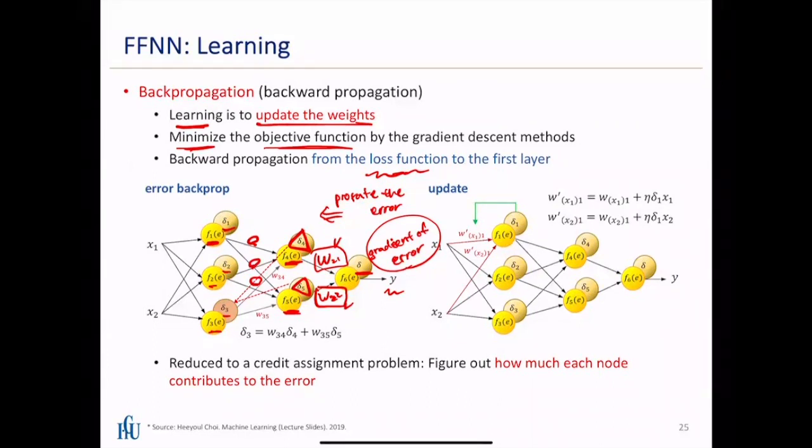The important part is that delta 3, for example, is not only determined by delta 4, but also by delta 5. So in order to calculate delta 3, you want to consider both W34, which is here, and W35, which is here, and you are considering delta 4 and delta 5.